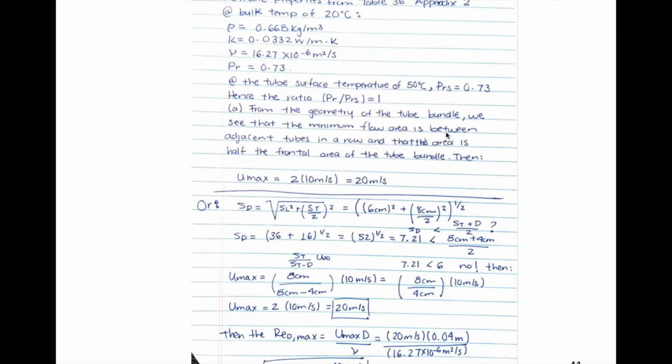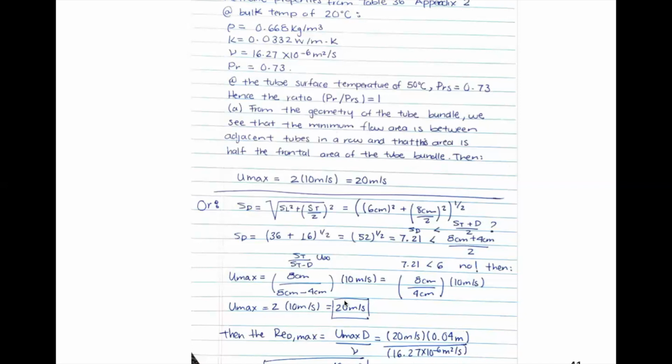From the geometry of the bundle, we see that the minimum flow area is between the adjacent tubes in a row. That is half the frontal area of the tube bundle. Then the maximum velocity is 2 times the velocity of the methane. I mean, you can realize that after some practice with tube bundles, but if not, you use the algorithm I gave you, okay?